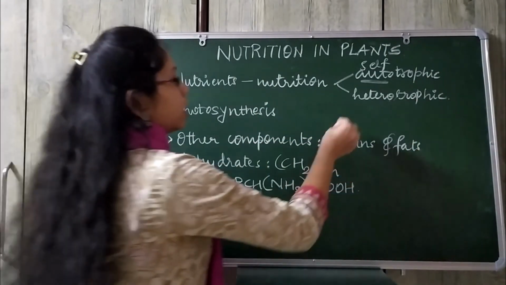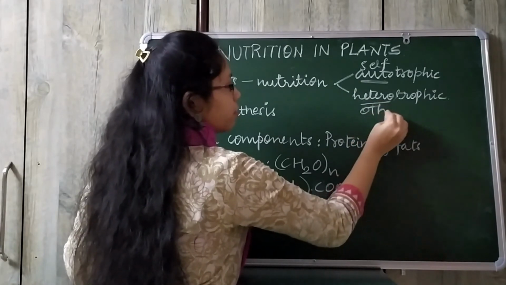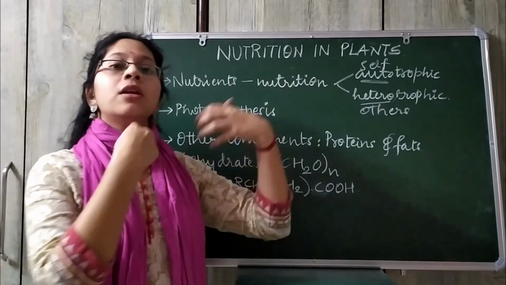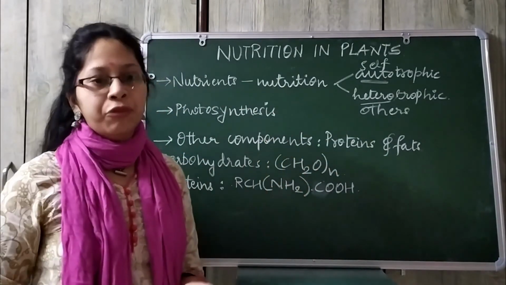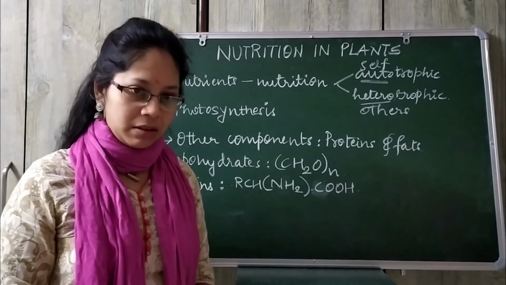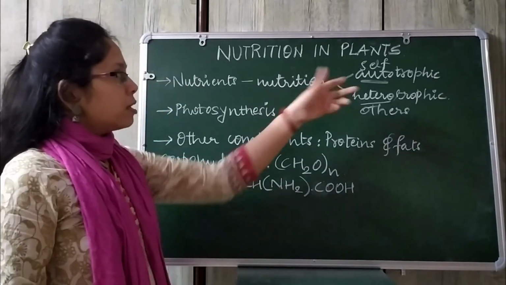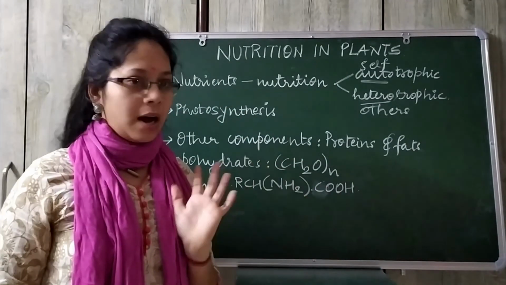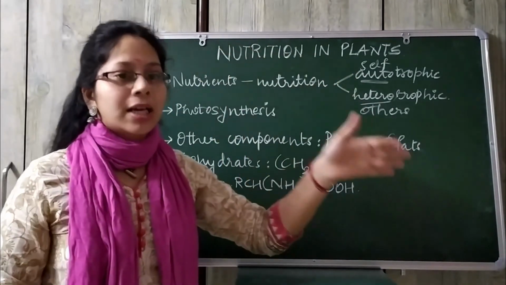Hetero over here means others. That means these organisms will depend on other organisms for their food. They can't prepare their own food. They have no mechanism to prepare their own food. Understood? So these two modes of nutrition are there. This is a broad classification.